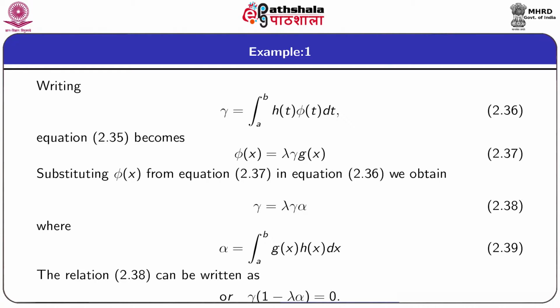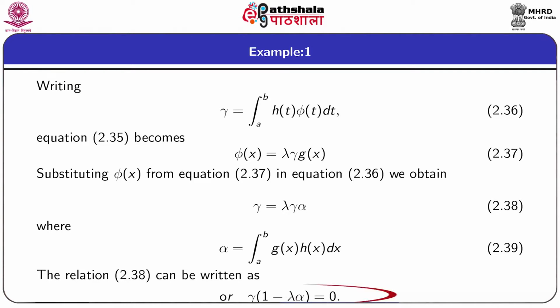That means the integral equation in its homogeneous form of second kind with degenerate kernel in this example has only trivial solution. But we are not interested in trivial solution. We would like to find out the non-trivial solution.